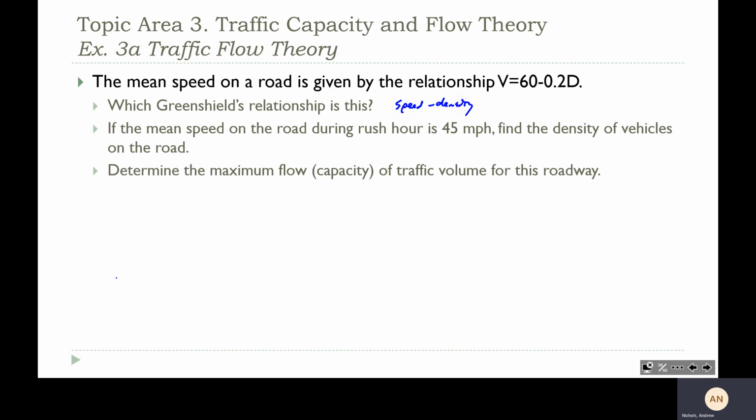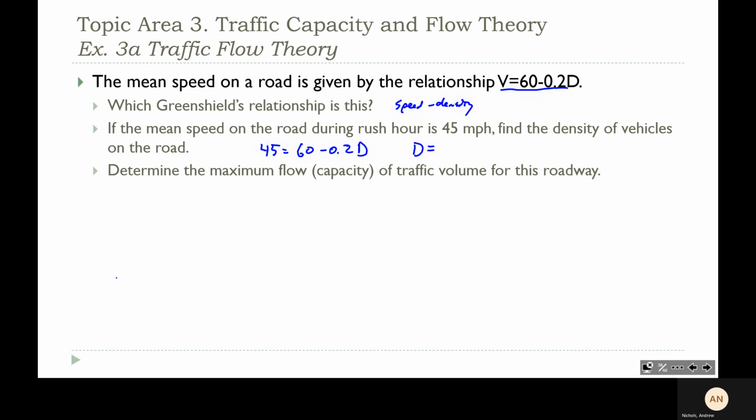So since we know this is the equation of that line, we're just going to plug 45 in for V and solve for D. So I give you 15 divided by 0.2.